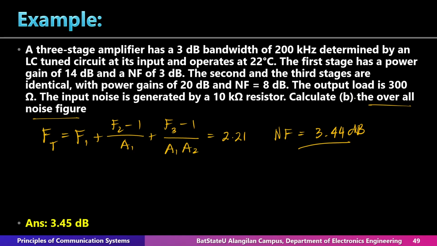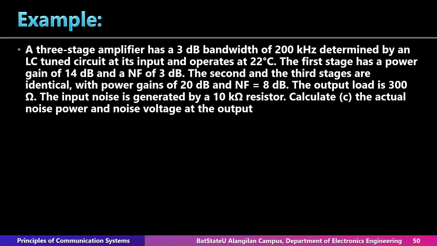Sunod, overall noise figure. For letter C, actually same problem lang yan. Sa letter C, ano naman ang hinahanap? Actual noise power at noise voltage sa output. So, paano natin makukuha ang actual noise power sa output? Dito tayo gagamit ngayon ng overall noise factor. 'Di ba?